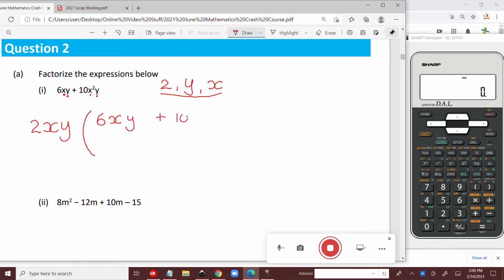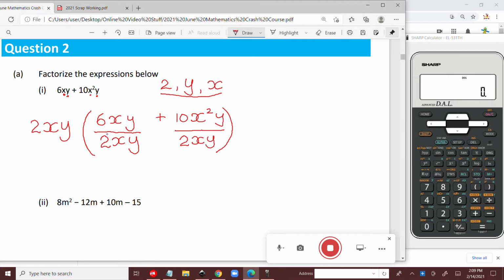This really means that you're visiting everyone and dividing them by whatever you are pulling out. So when you are pulling out something, you're really secretly dividing everyone by what you are pulling out. So I'm secretly visiting the 6xy and dividing it by 2xy, and I'm also secretly visiting the 10x squared y, and also dividing it by 2xy.